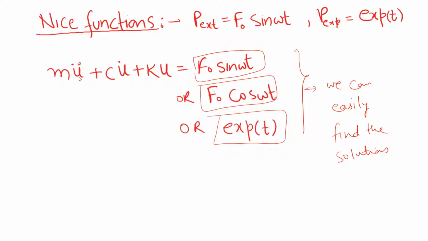In the last class we found the solution very easily, u of t. First we solved the homogeneous part, where the right side is made zero: m u double dot plus c u dot plus k u equals 0.